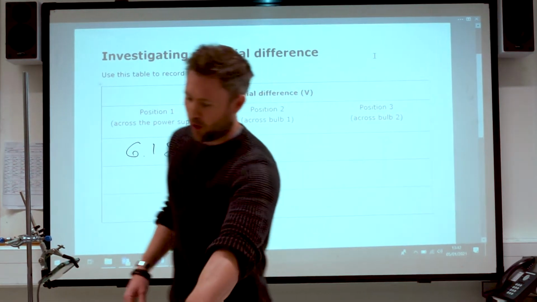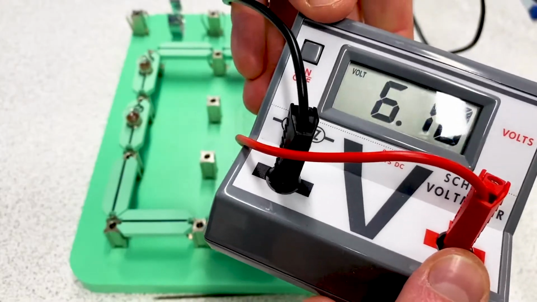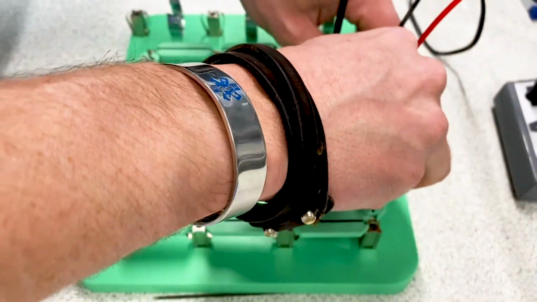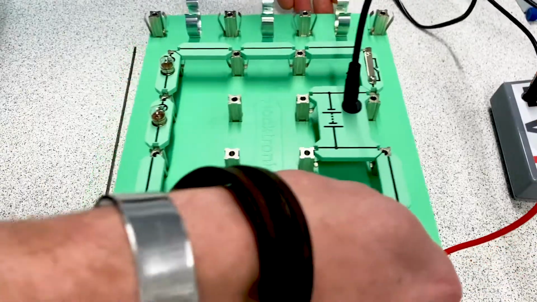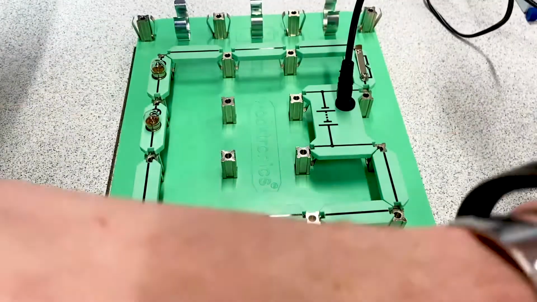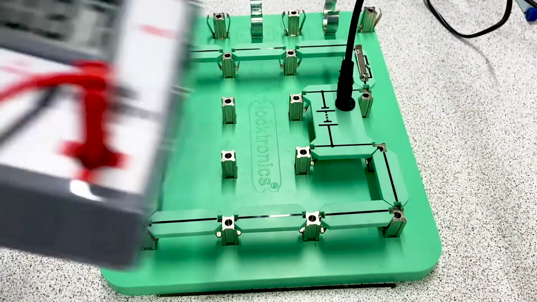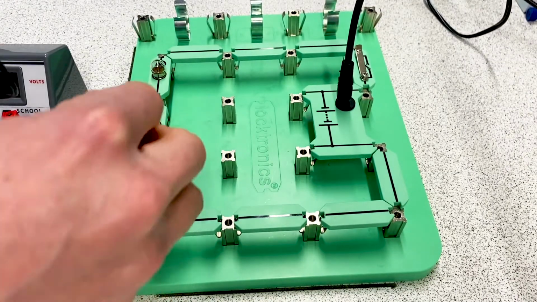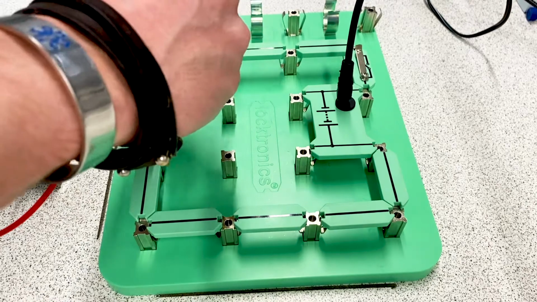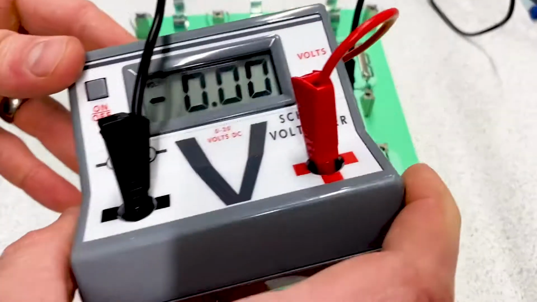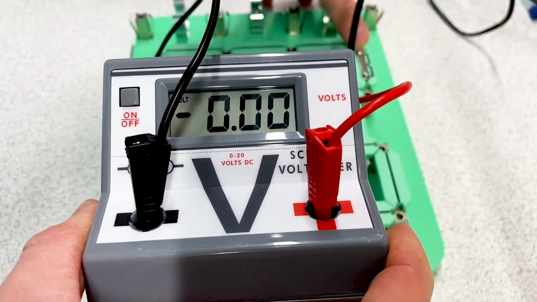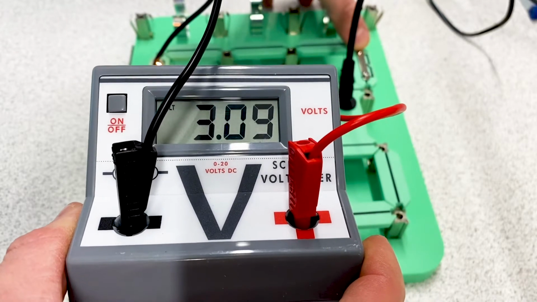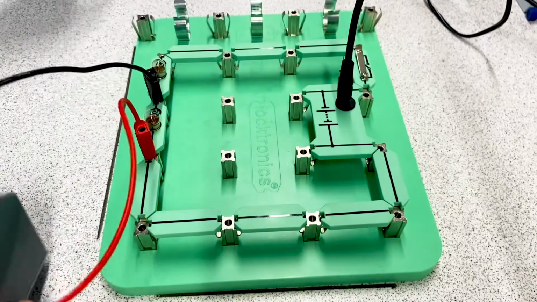We're just going to move the voltmeter that gave us our reading of 6.18 to go across those other components. So back to 0, or nearly. And we're going to put it across the first lamp. Notice how it will read 0 until I complete the circuit. And we read it as 3.08.